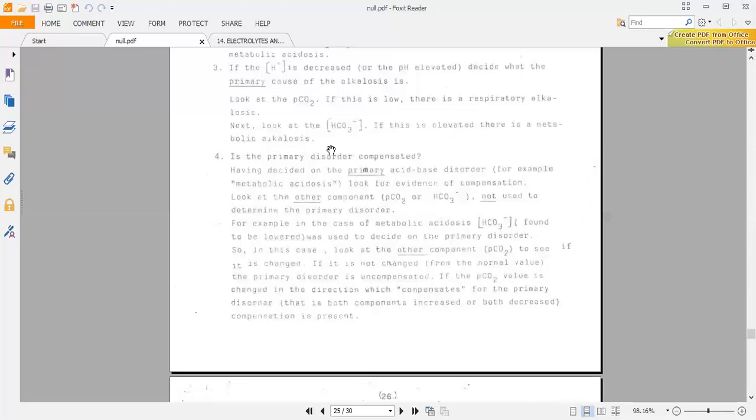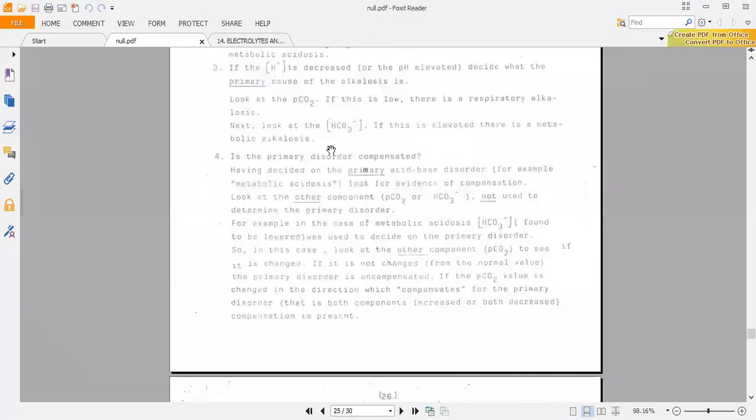Let me take this part again. If you are able to come up with the fact that this is a metabolic condition, then you know that the respiratory system is going to compensate. So go and look at the partial pressure of carbon dioxide to see whether it has compensated or not. Now, this is how the compensation works.